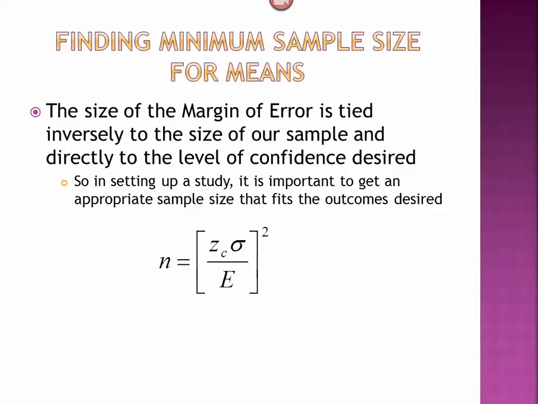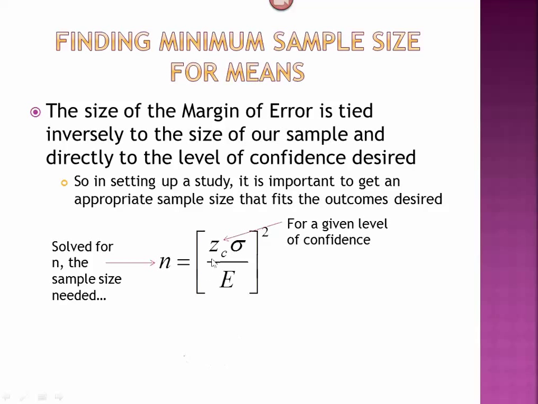And this is the formula that solves for n, where n is the sample size that we're after. Z is the Z value associated with the level of confidence we want for the desired margin of error. In a particular population, the sigma will be decided ahead of time.